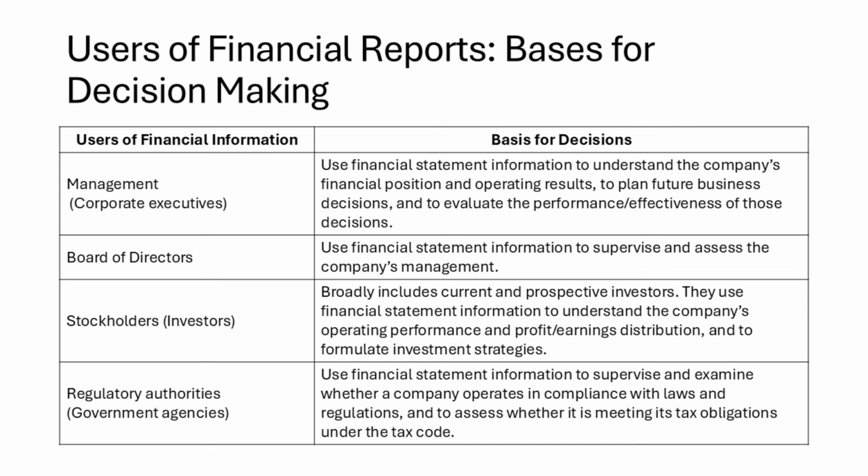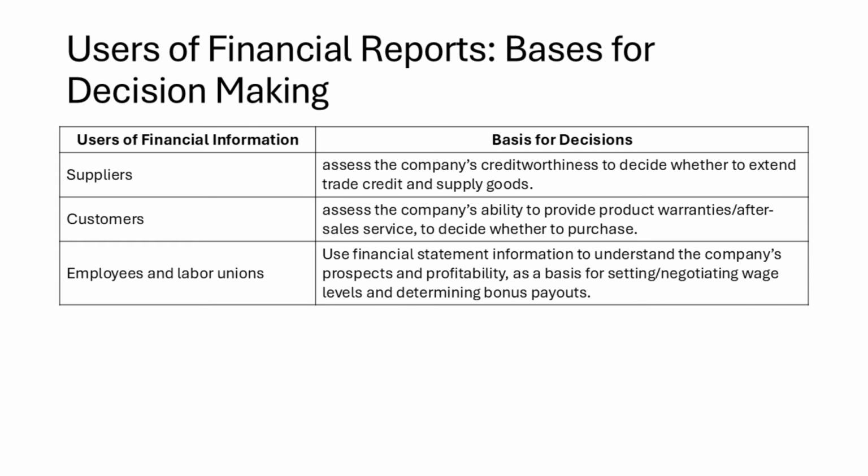Suppliers are other companies. They influence whether to extend trade credit or continue to supply goods and services to the company, so they also need to use the financial information.